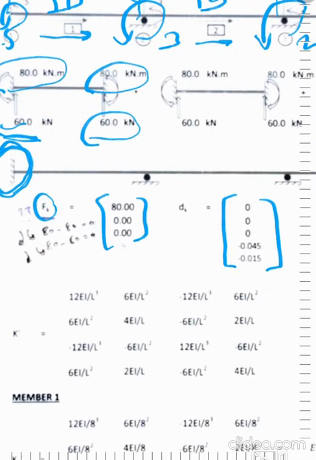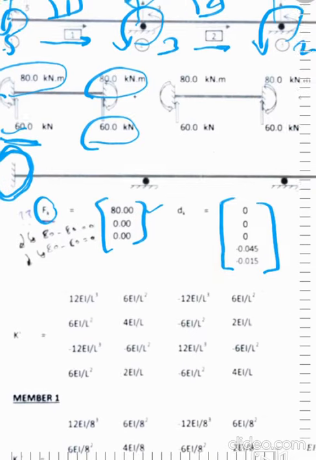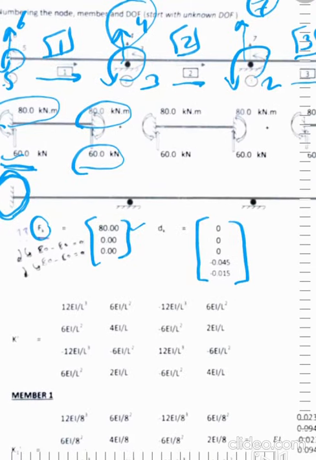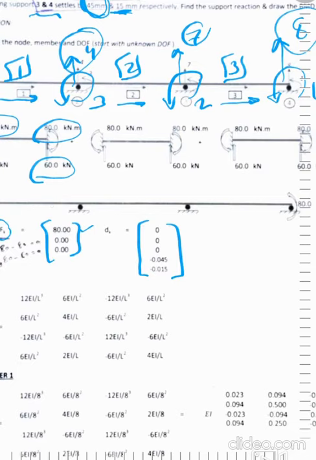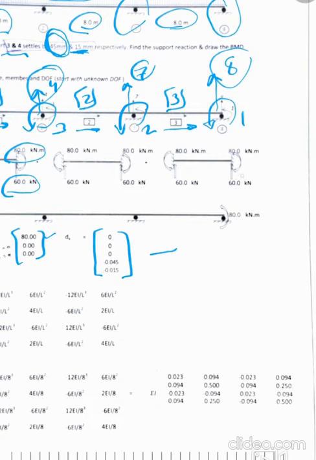Here, these values for K noun, you can find during the fixed end moment. In this one, the 80 kilonewton is the moment of M1. Because we don't have other parts, we get only this value.